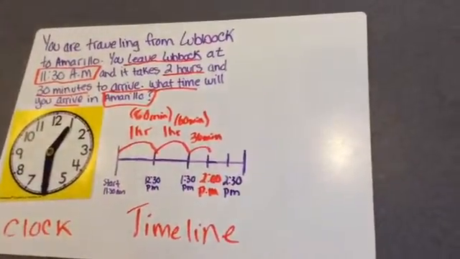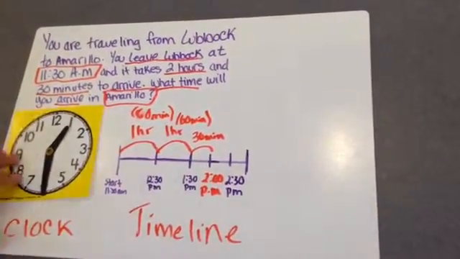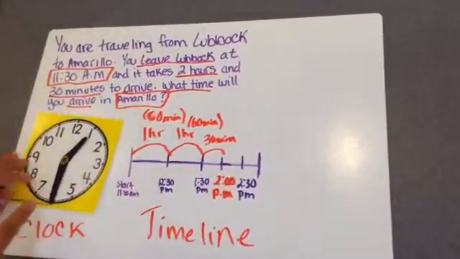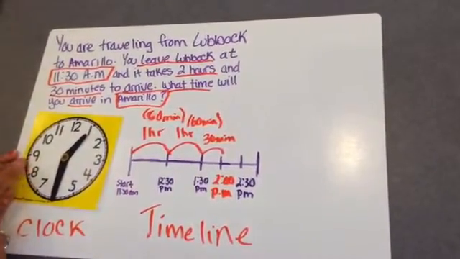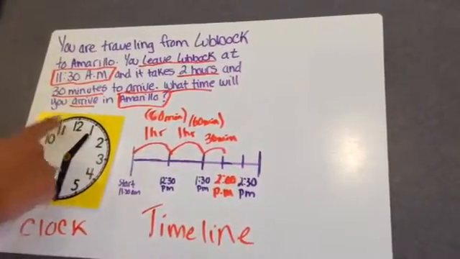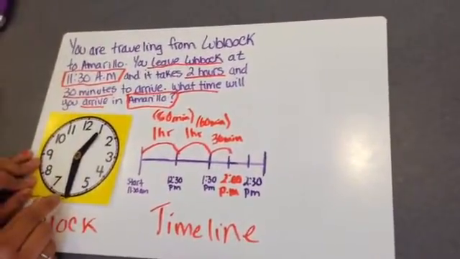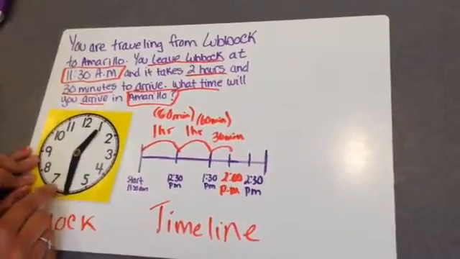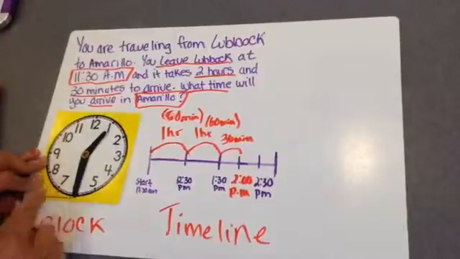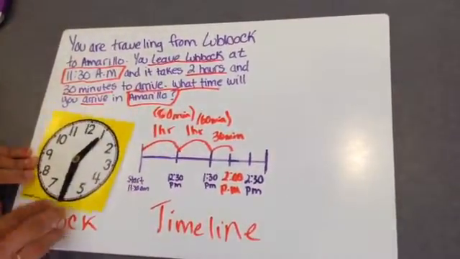So, like I said, this is how it is on the timeline, and then on the clock, each big number represents 5 minutes, because you have these little bitty marks that equal 1. So that's 1, 2, 3, 4, and then that's 5. So we're going to go to 30 minutes.